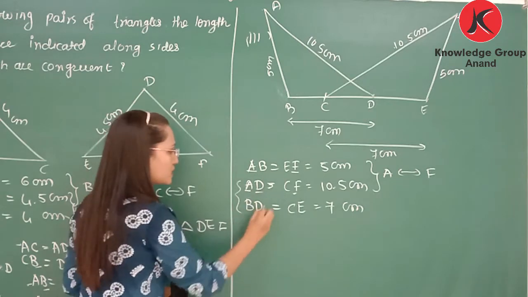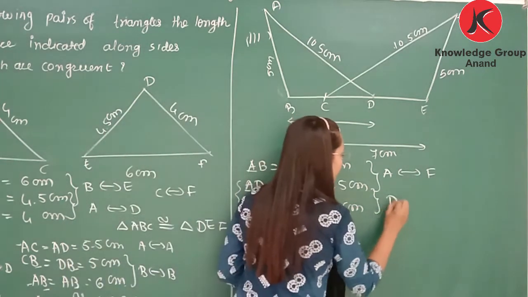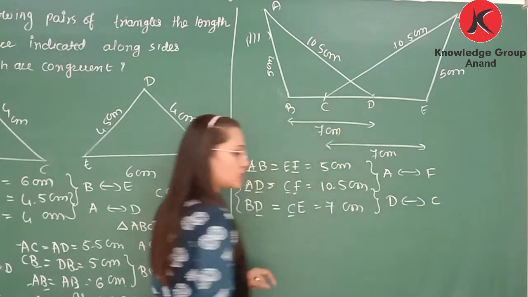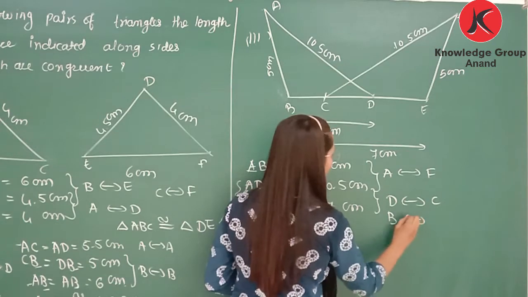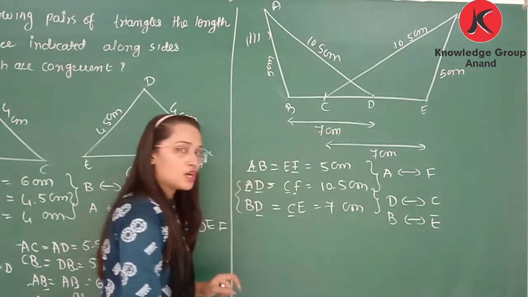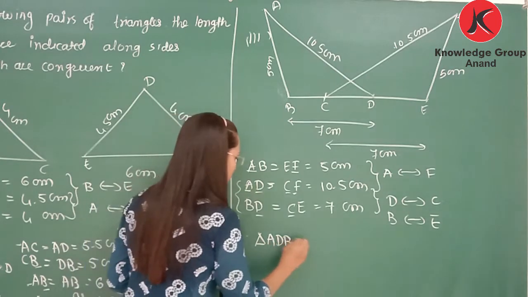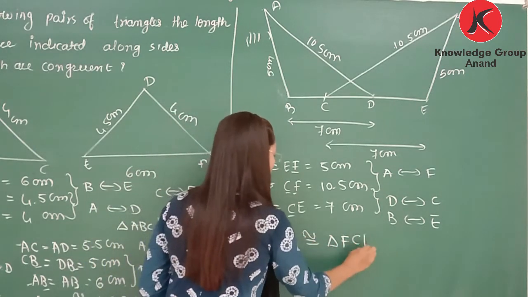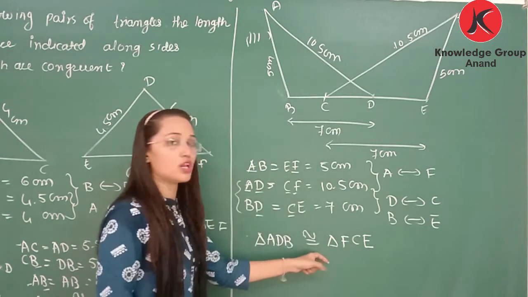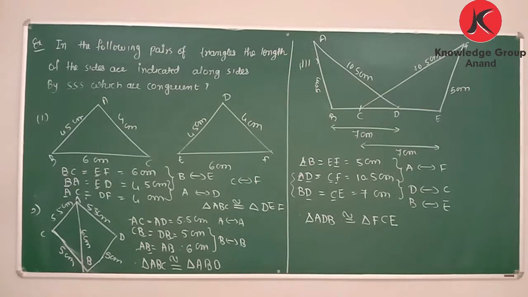From this you can see D is here and C is here, so D corresponds to C. Now remaining, B will correspond to E. So triangle ADB is congruent to triangle FCE. So this is the symbolic form of the congruent triangle.